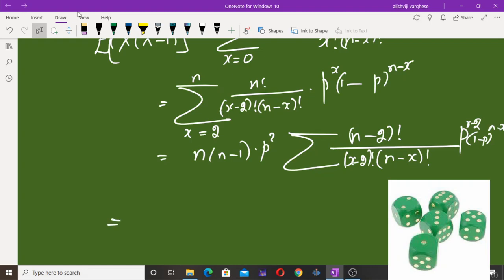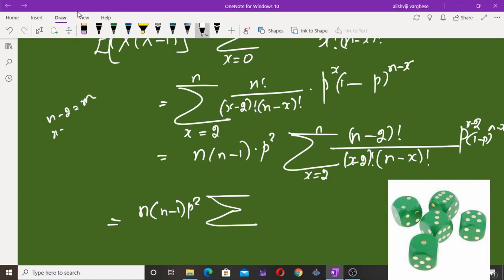So this is equal to, the terms outside the summation are n into n minus 1 into p square, and inside the summation, the value of x varies from 2 to n, but I make a substitution as n minus 2 is equal to m and x minus 2 is equal to y.